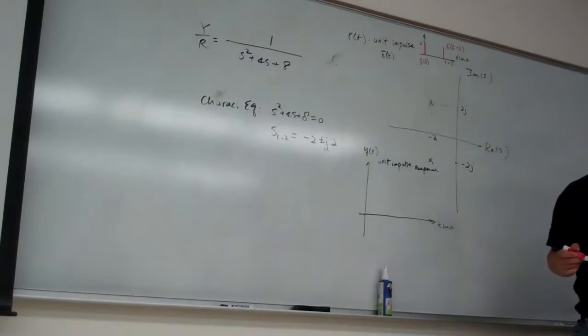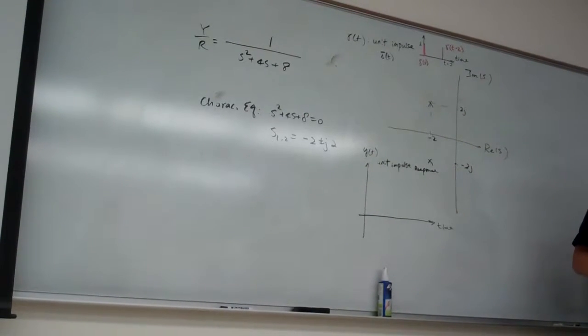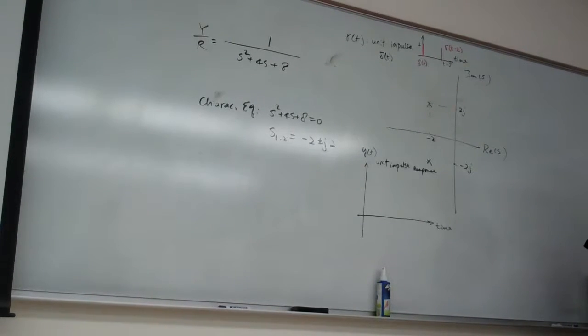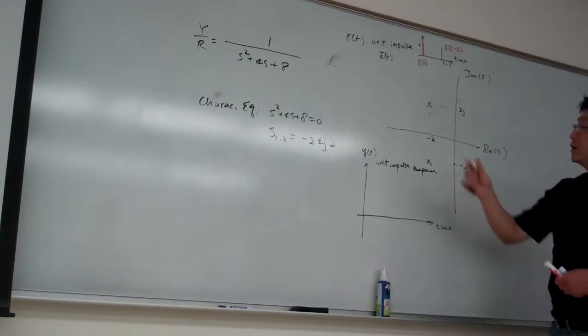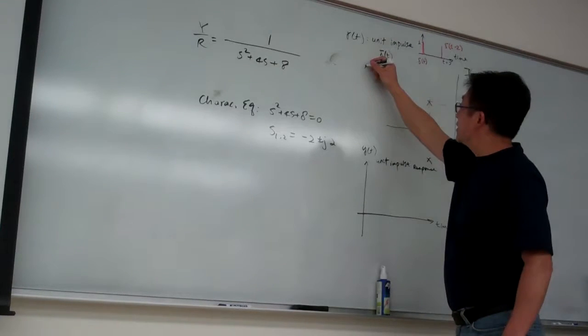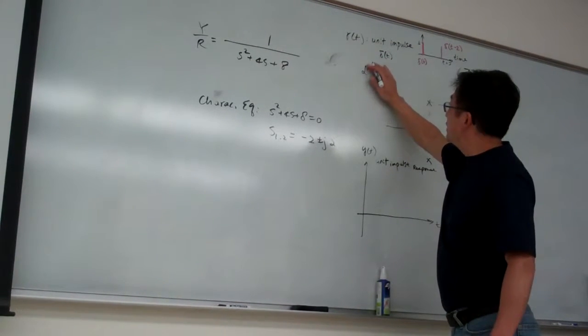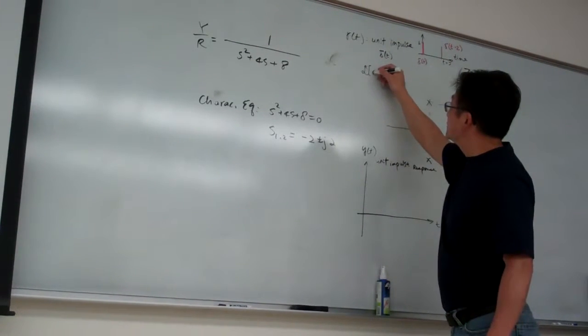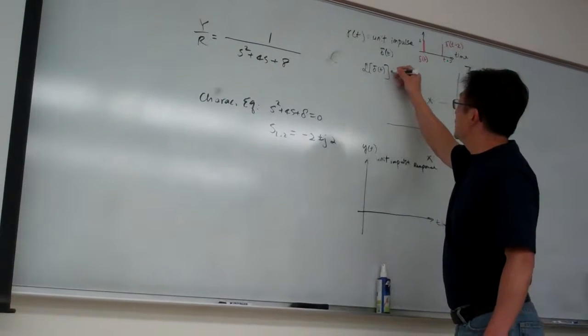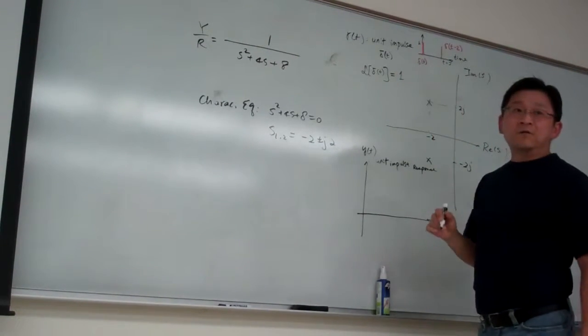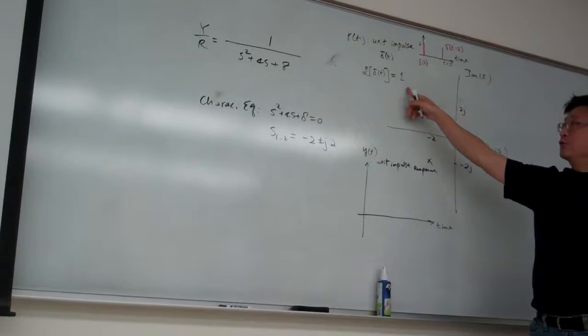That is the mathematical representation of the impulse function. The Laplace transform of the impulse will be equal to 1. If you look up the tables, that is equal to 1.